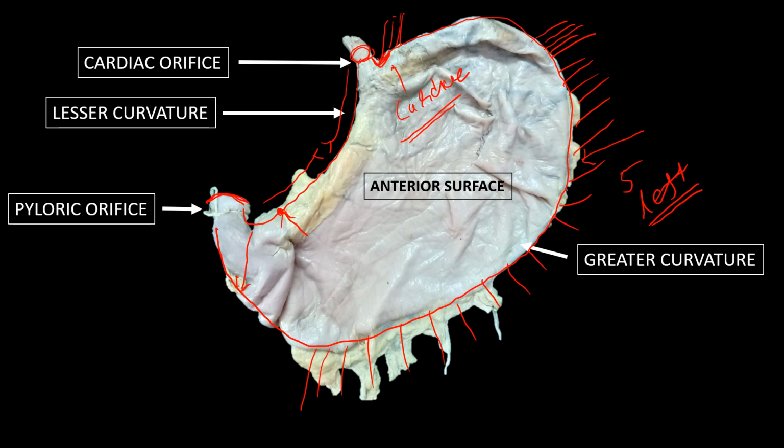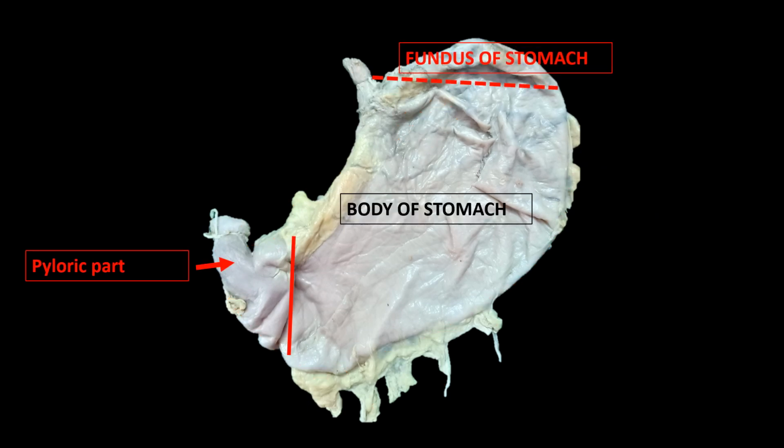The surface visible from the anterior side is known as anterior surface of the stomach. There will be a posterior surface on the postero-inferior side. Stomach can be divided basically in two parts.